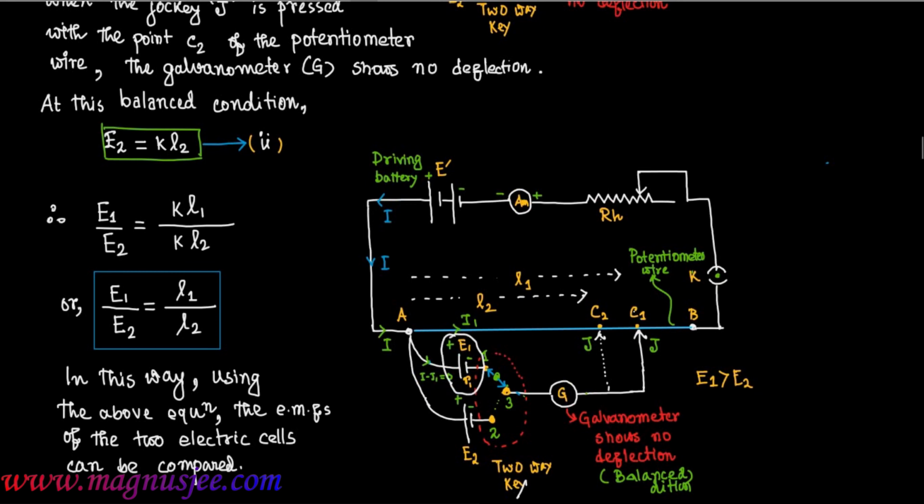That means the EMF E1 of this electric cell is equal to KL1, and similarly the EMF of the second electric cell E2 will be equal to KL2. And we get E1 by E2 equal to L1 by L2. In this way, we can compare the EMFs of the two electric cells by using a potentiometer.